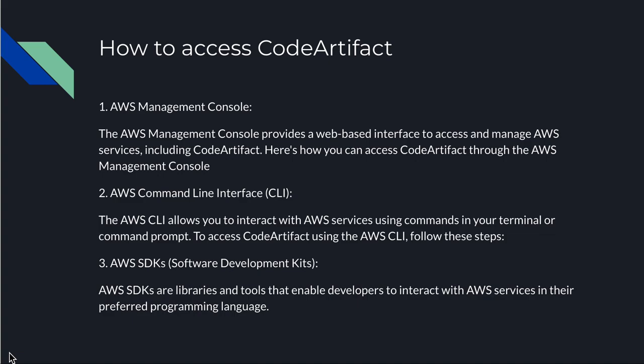And the last one is through SDKs. Now SDKs refer to software development kits. AWS SDKs are the libraries and tools that enable the developer to interact with the AWS services in their preferred programming languages. So whatever programming language your organization might be using, whether Java, Node.js, or anything else, generally AWS SDKs are available in all the programming languages, and they handle all the session establishment.